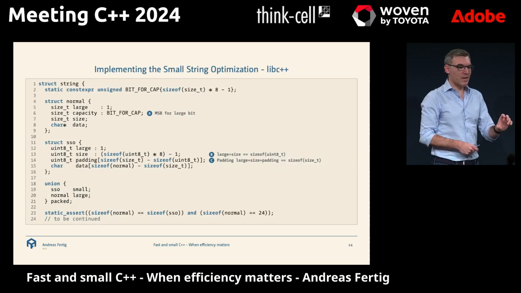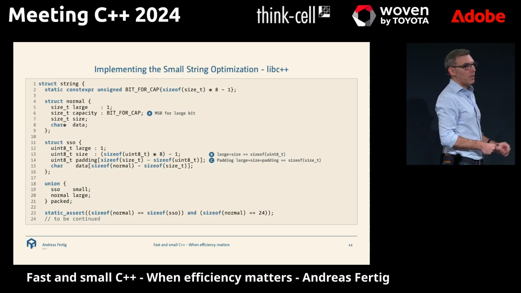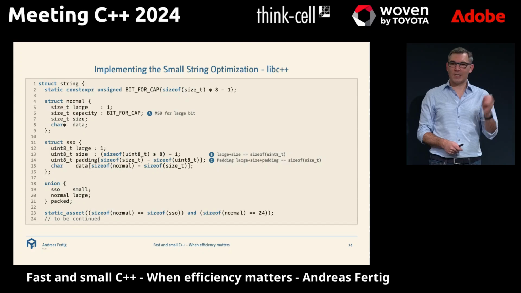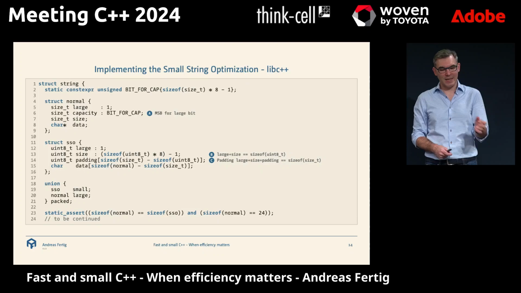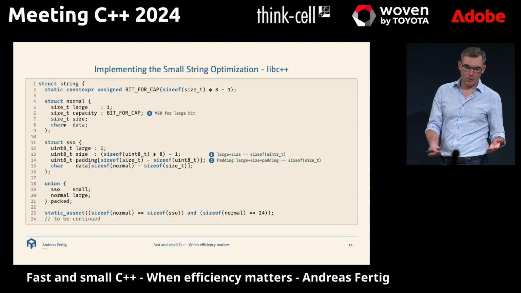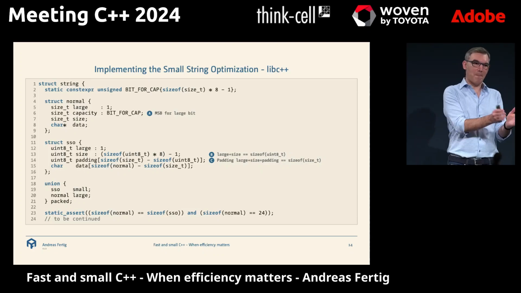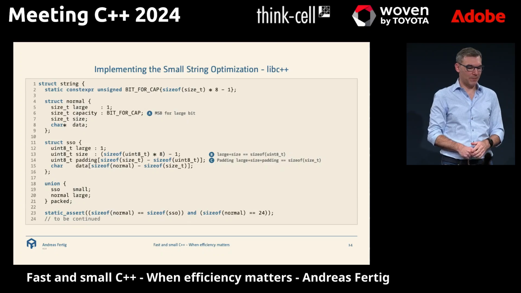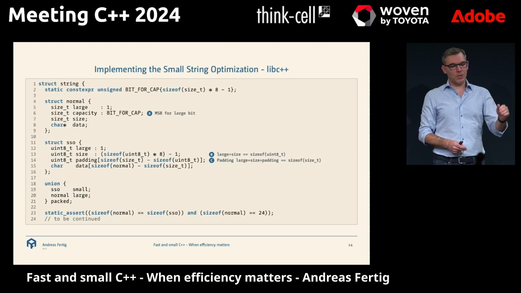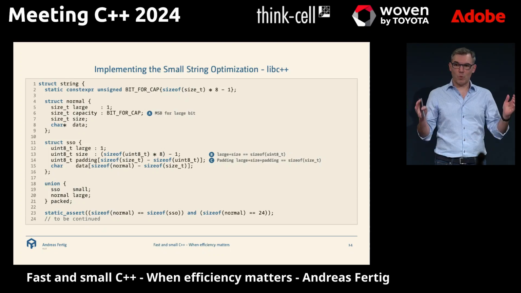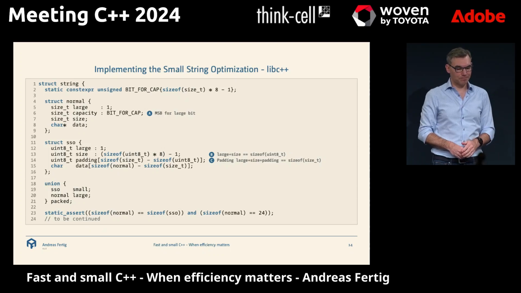And alongside that, they have a struct called SSO. SSO starts the same way. This time it's a uint8_t called large. It's a bit field of a single bit. And followed by a uint8_t called size. That's a bit field of the uint8_t's bits minus 1, so typically 7. Followed by a couple of padding bytes to pad everything up, such that data here, my data array this time, is nicely aligned.